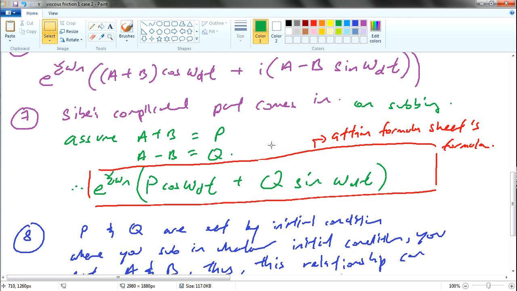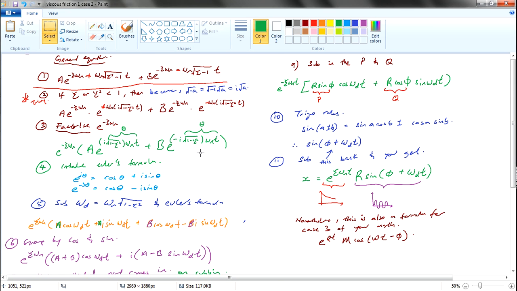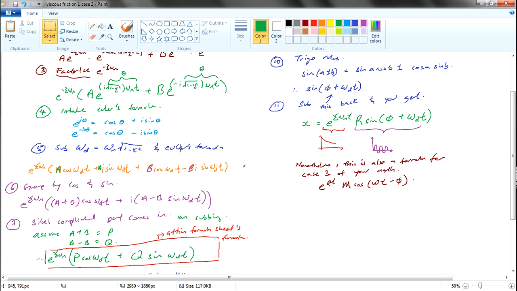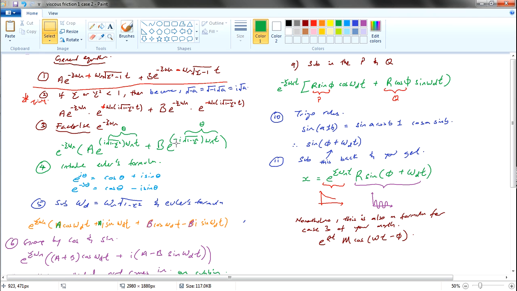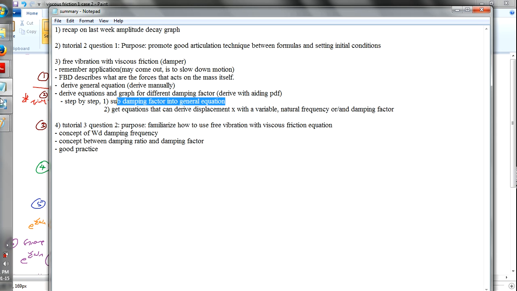It's multi-level subbing. I hope this won't confuse you, because this is a very complicated issue. It's mainly just sub in your damping factor, and the rest is subbing a lot of stuff.